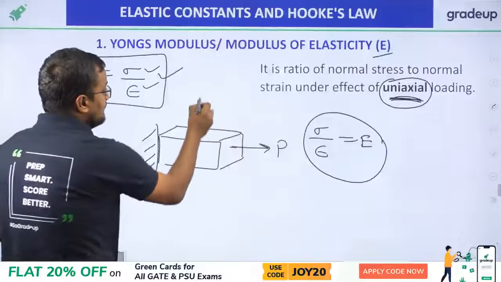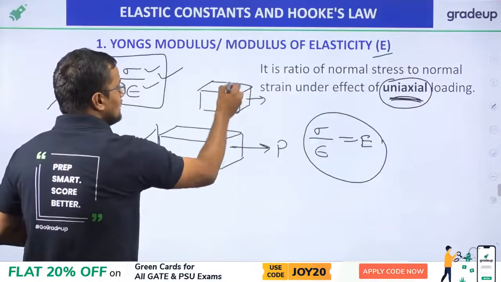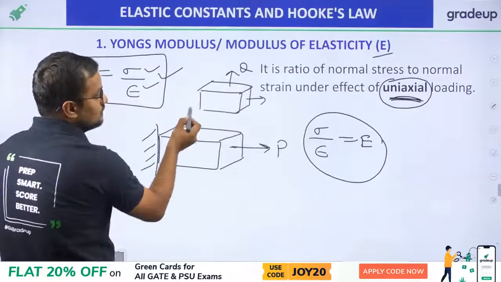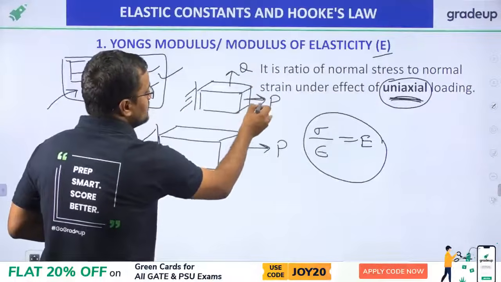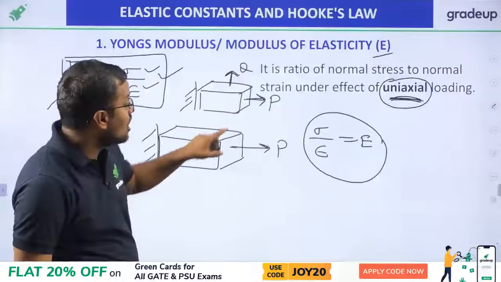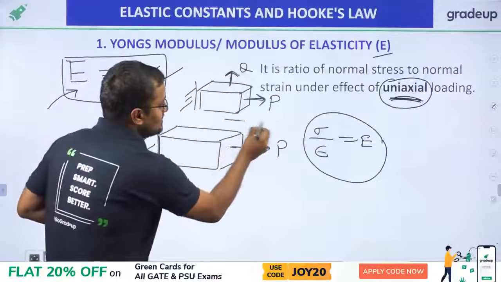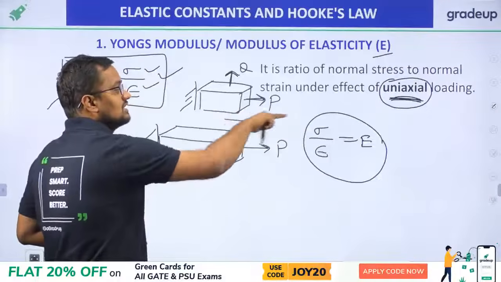If this is a bar and I apply some force here and some force there, and suppose it is fixed, say a P force here and a Q force there, then I cannot write stress by strain as Young's modulus for this.